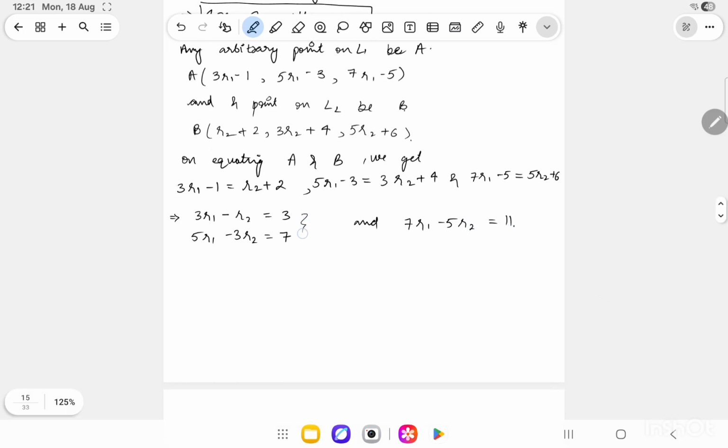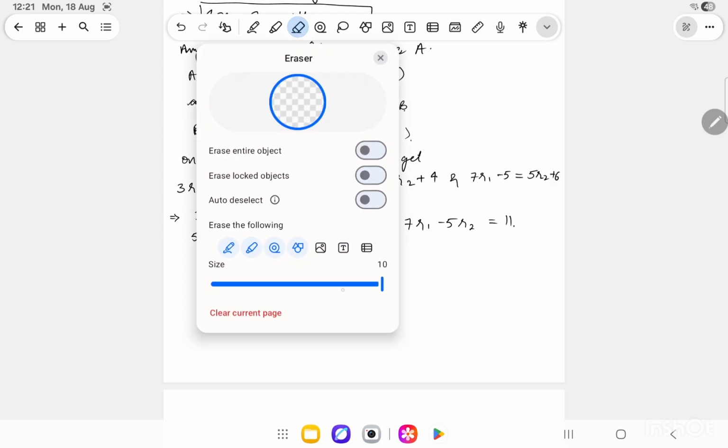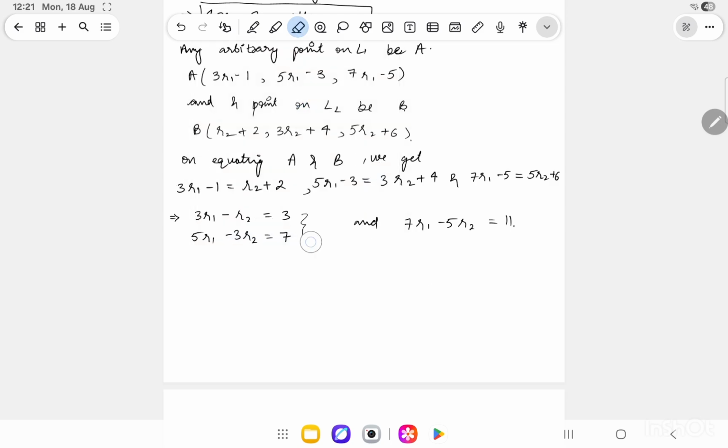Let me solve these two equations first and see the values of R1 and R2. If I multiply the first equation by 3, I'll get 9R1 minus 3R2 equals 9, and 5R1 minus 3R2 equals 7. If I subtract, I'll get 4R1 equals 2. So from here I got my R1 as 1 by 2.